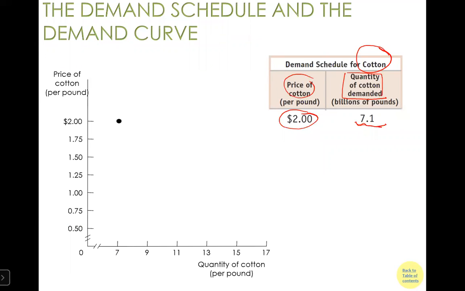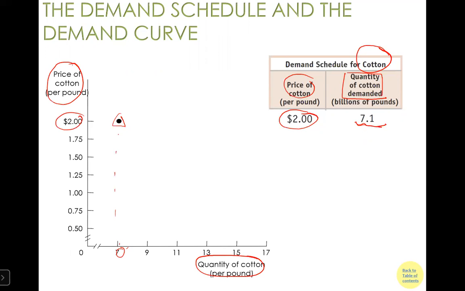And that's represented by this dot on the figure on the left. In the figure on the left, we have quantity demanded on the horizontal axis and price on the vertical axis. Given a price of 2, you have a demand of 7.1.